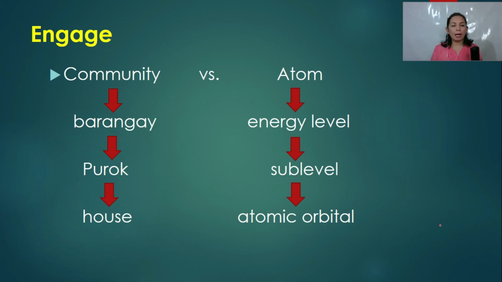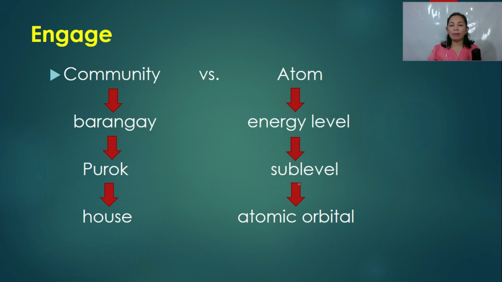Now let us compare an atom with that of a community. So if a community is composed of different barangays, a barangay is composed of different purok, and then a purok is composed of different houses where we can find families. In the same manner, an atom is composed of different energy levels. And its energy level is composed also of sublevels.